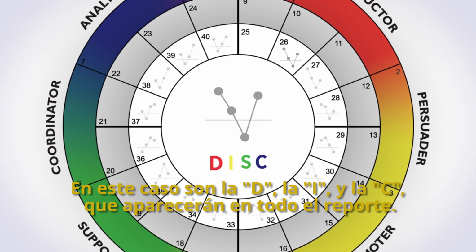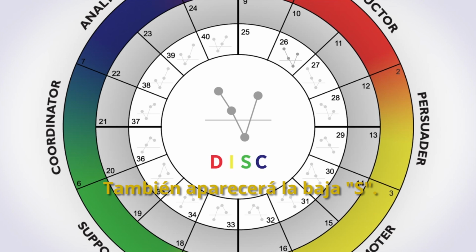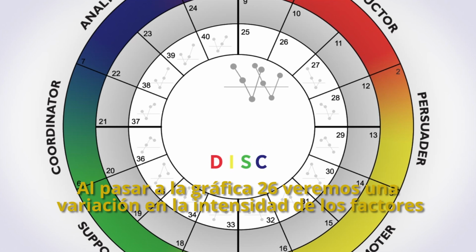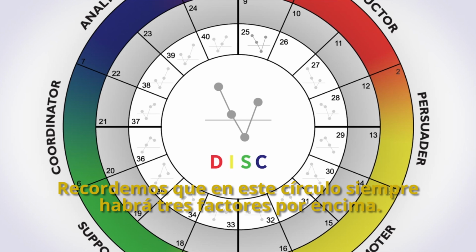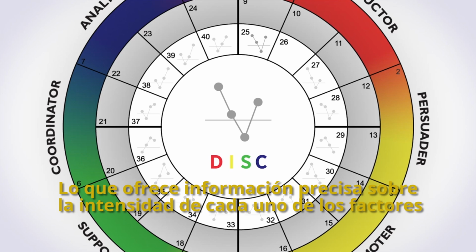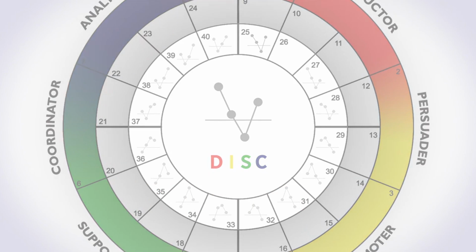The D, the I, and the C are all a part of the report, this person as well as the low S. Moving from 25 to 26, again, you will start seeing that we are raising and lowering the various plot points. Again, on this ring, we will always have 3 plot points above the midline, giving the most accurate information based on the intensity of all 4 factors.